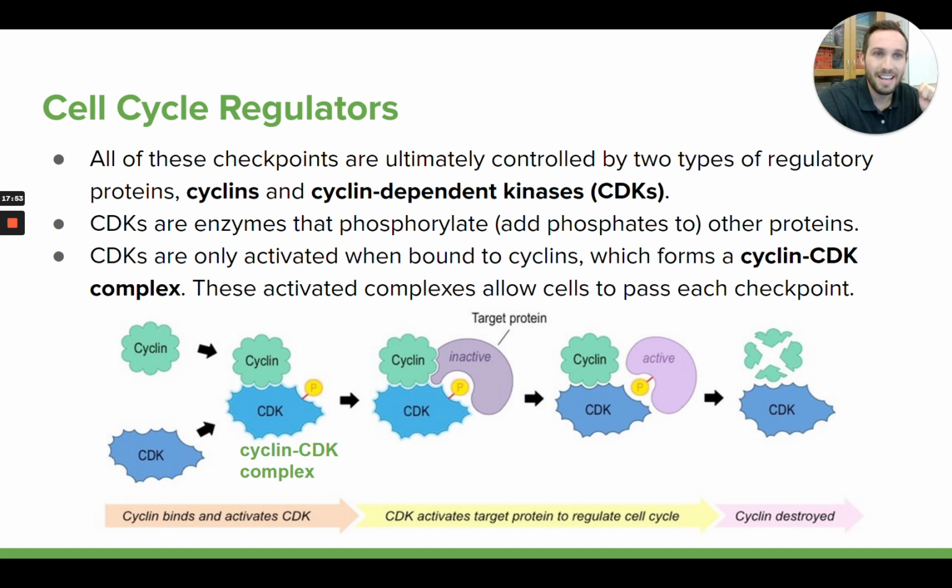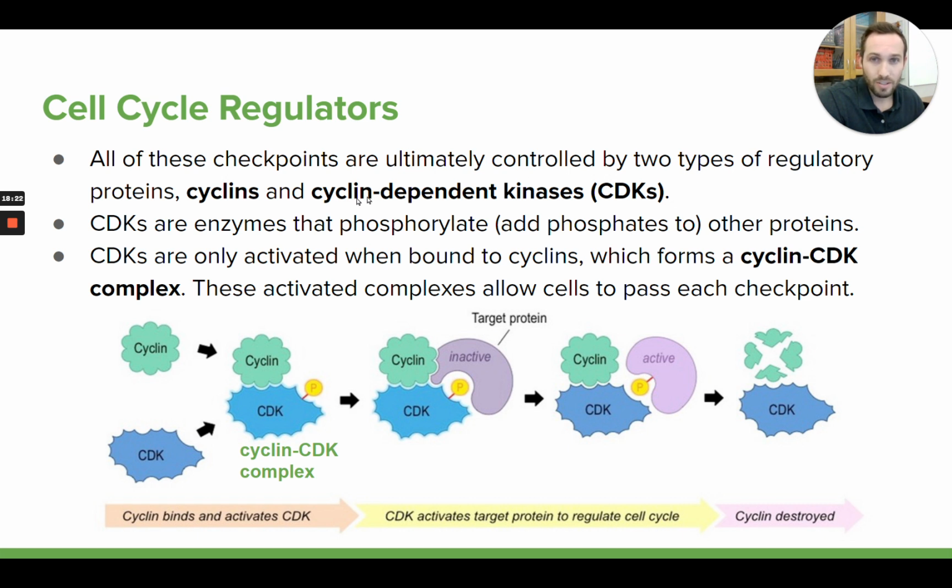But these checkpoints are ultimately being controlled by these regulatory proteins that are inside the cell. So there's these proteins inside the cell who are ultimately controlling whether or not a cell is allowed to start the next part, if it's allowed to continue on past these checkpoints to the next phase of the cell cycle. And the 2 types of proteins that are controlling this are called cyclins and CDKs.